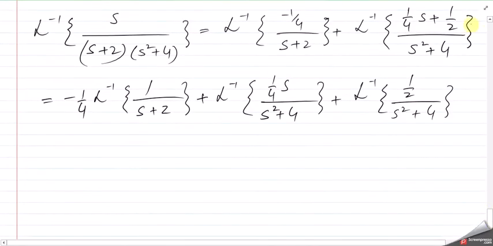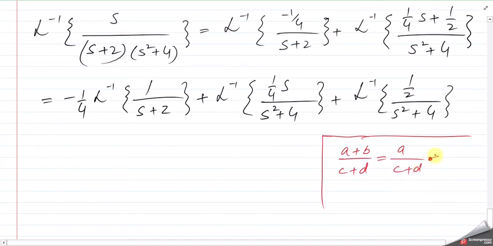What we use here is we can easily write a plus b over c plus d is equal to a over c plus d, b over c plus d.